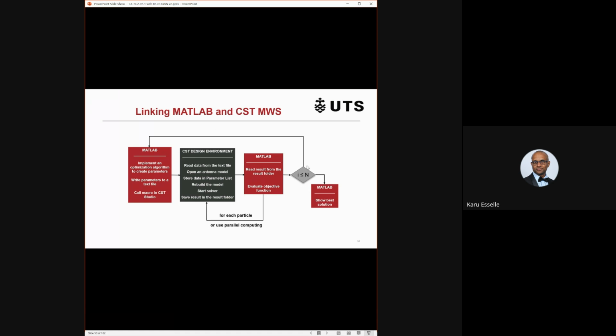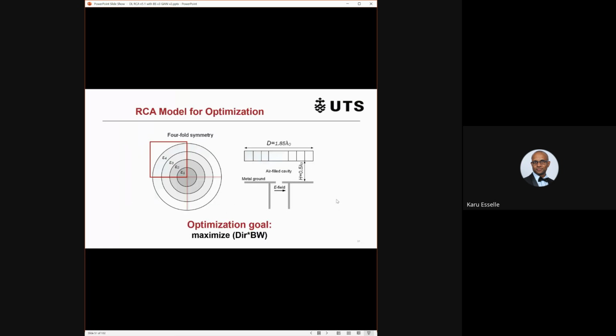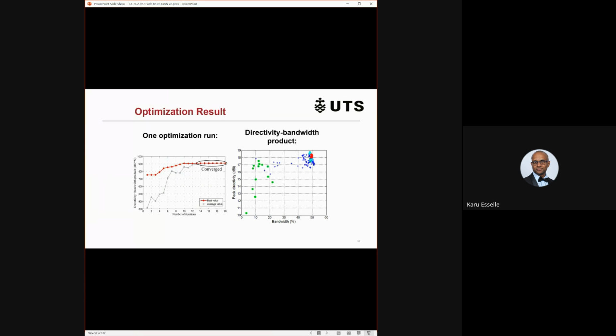And this is automatic, right? We can just let it run iteratively until it meets the criteria. So we optimized a lot of antennas this way. This is the TPG type antenna we optimized using our PSO.